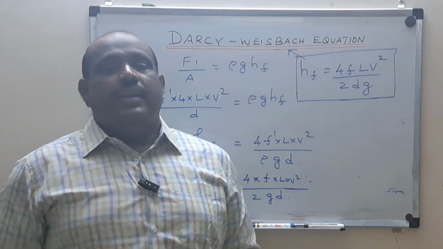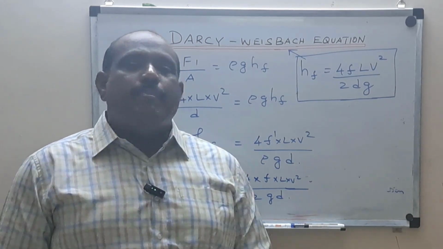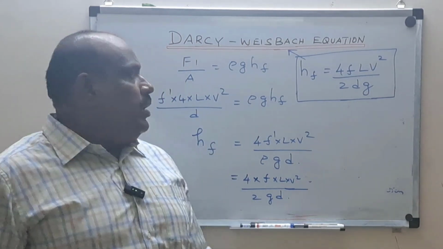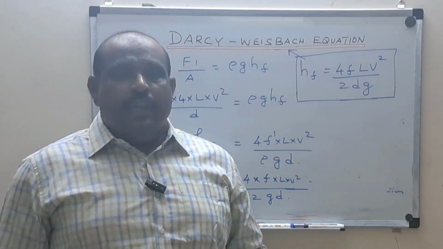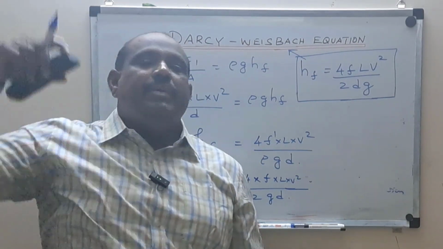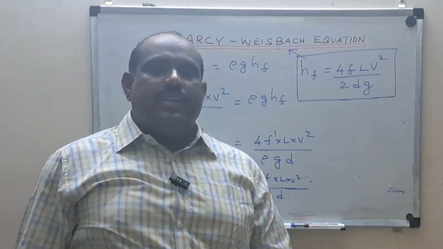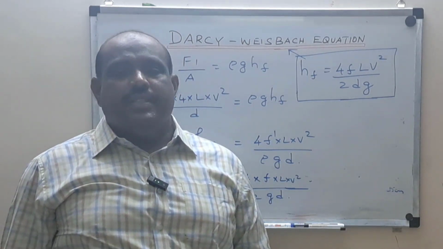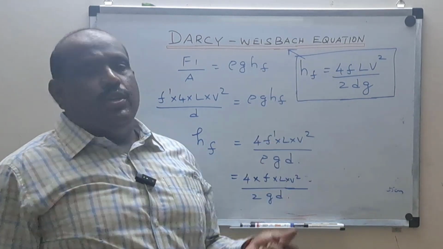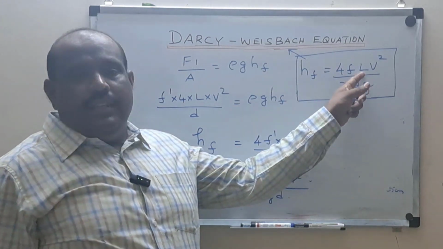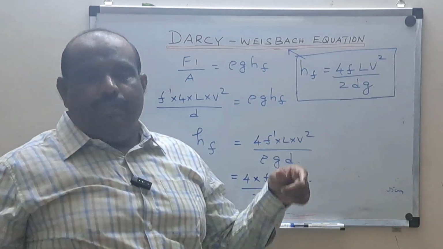If the flow is turbulent, then the head loss due to friction will be more compared to the head loss due to laminar flow. Then it's inversely proportional to the diameter. So if the diameter is very big, then my loss will be less. We can't tell about gravity because gravity is a constant. So this head loss due to friction depends upon the length and the velocity of your flow.